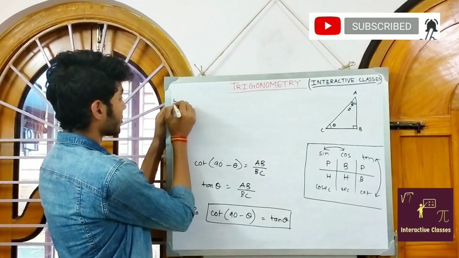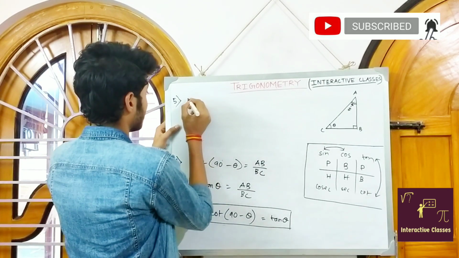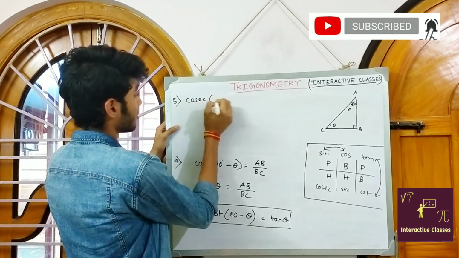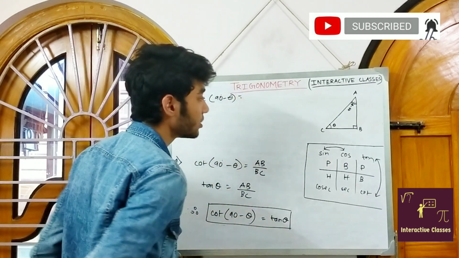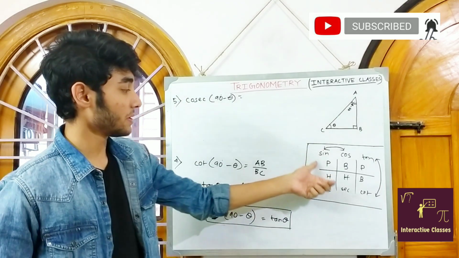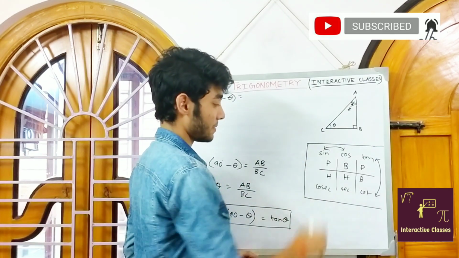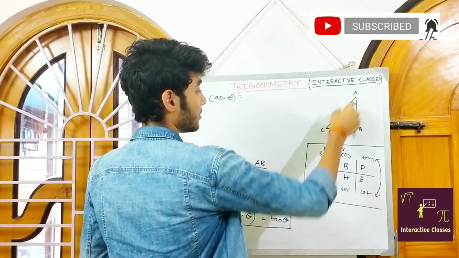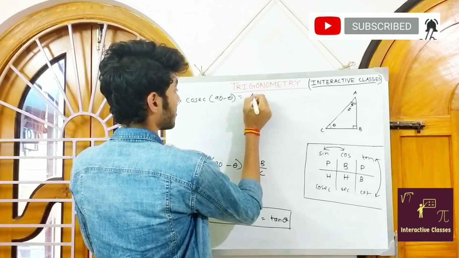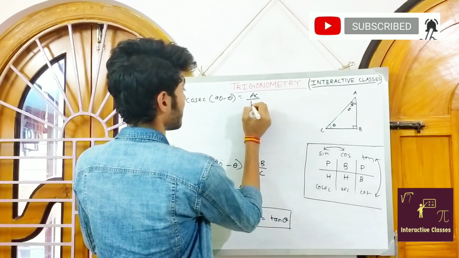So next we are going to do cosec 90 minus theta. We know that sin theta is P by H, so cosec theta will be the inverse of it, H by P. From this aspect, the hypotenuse is AC and the perpendicular is BC, so AC by BC.